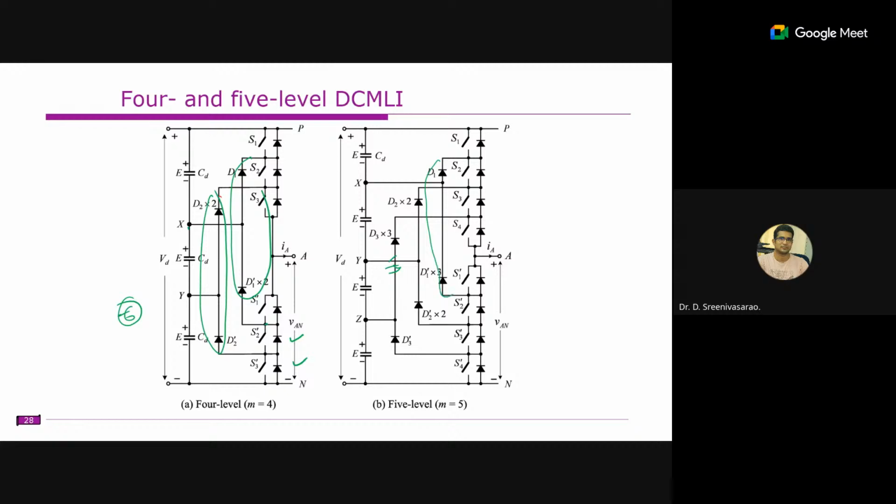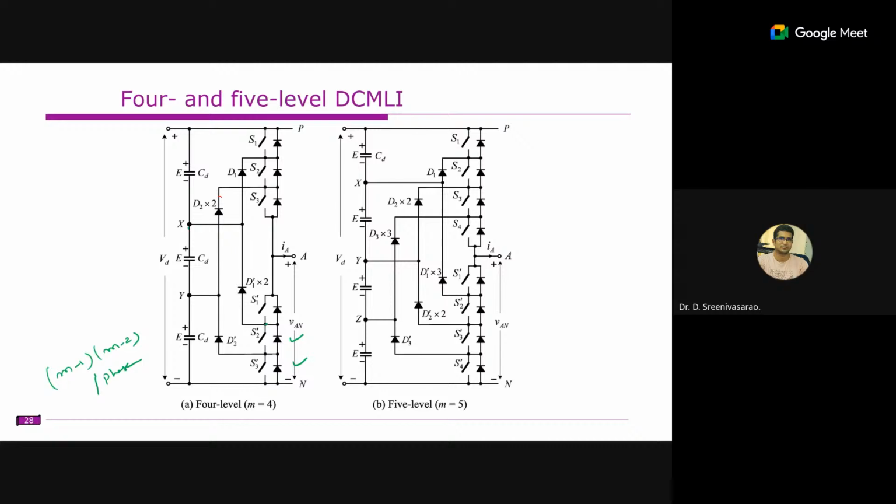Here you have 4 diodes, and this is another 4 diodes, so 4 into 3 you require 12. Typically you require m minus 1 into m minus 2 diodes per phase. Alright, so this is one of the drawbacks of the diode clamped inverter.